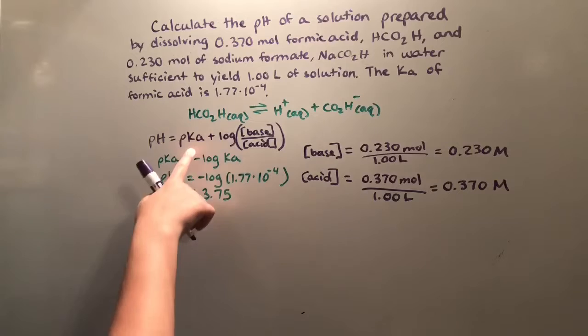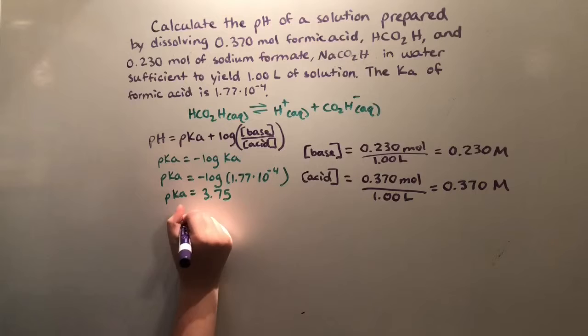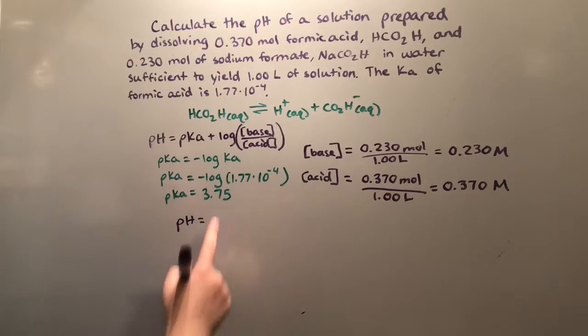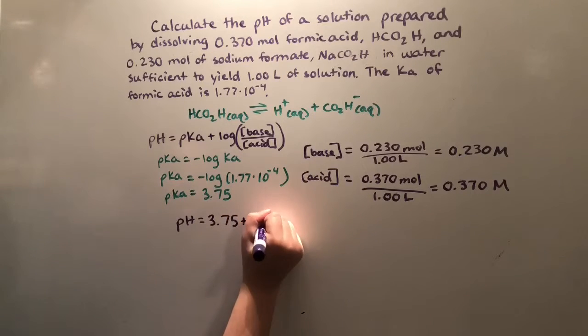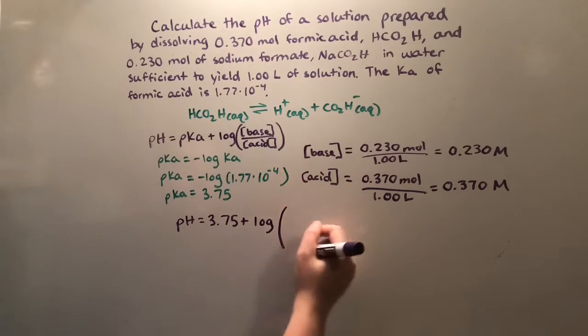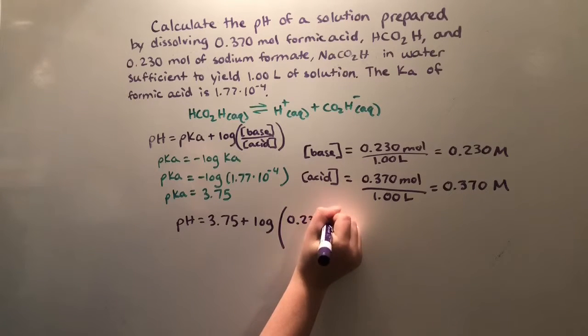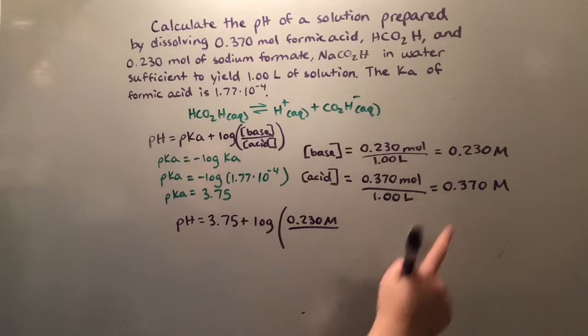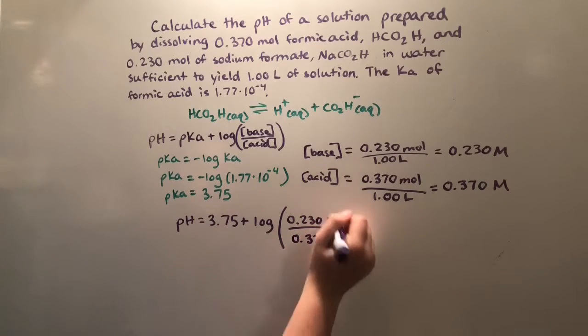So now we have our pKa and our concentration of base and acid. So all we need to do is plug in all of these values that we found to find our pH. So pH equals pKa, that's 3.75, plus the log of the concentration of the base, 0.230 molarity, over the concentration of the acid, 0.370 molarity.